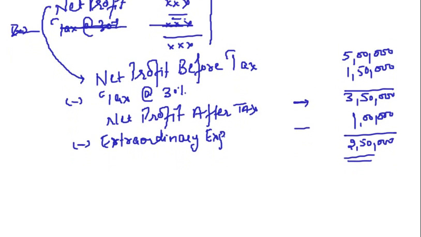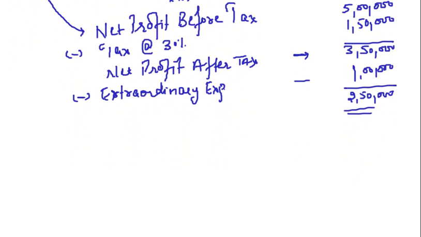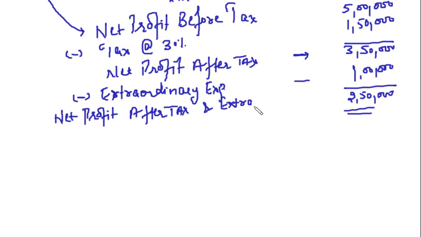Now you have profits of 2,50,000, right? This is net profits after tax and extraordinary items. I will write them as net profits after tax and extraordinary items. I hope this much is clear to you, friends.